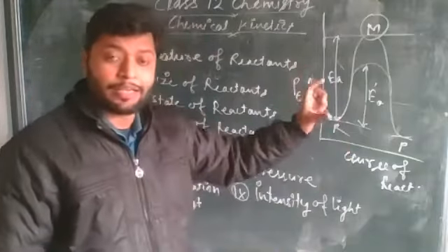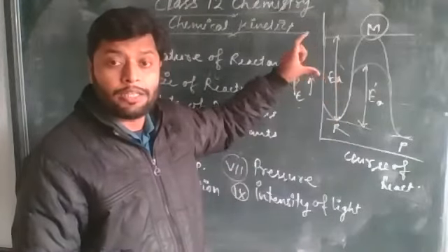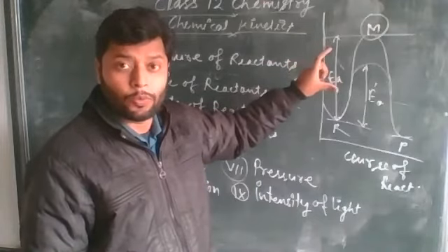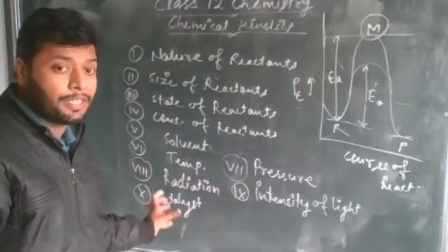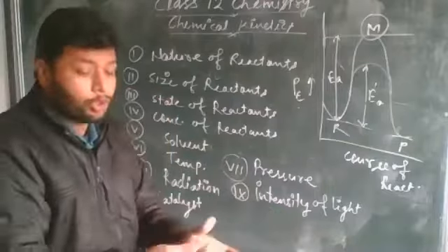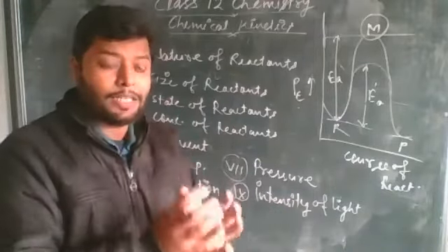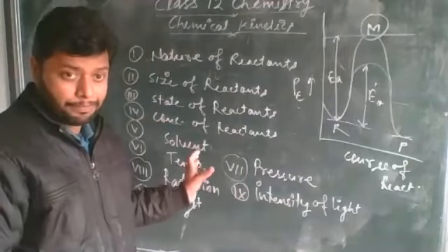That's why the catalyst increases the rate of reaction by just lowering the energy path called the activation energy value. So this is one of the most important factors we have here. These 10 factors at least we have to learn, to know how the rate of reaction can be altered, affected, influenced by them.